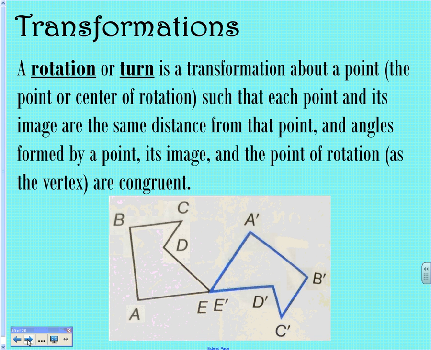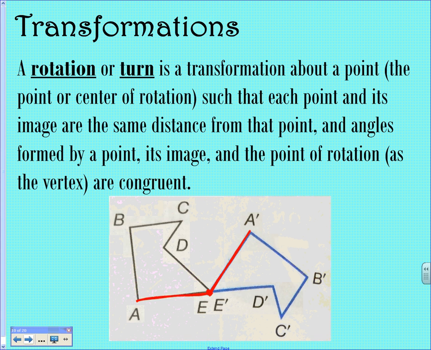This definition seems a little strange. But what it's saying, the distance from here to here and the distance from here to here are the same. Do y'all see that? The distance from A to A prime to the vertex are the same.